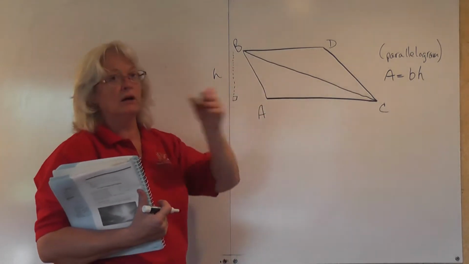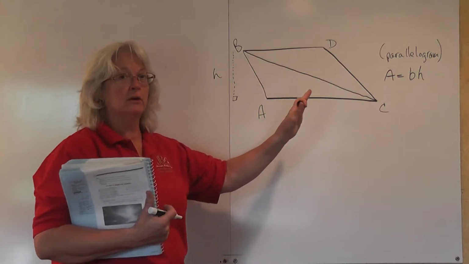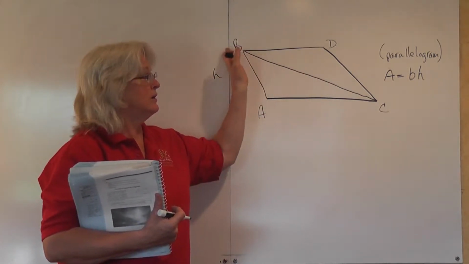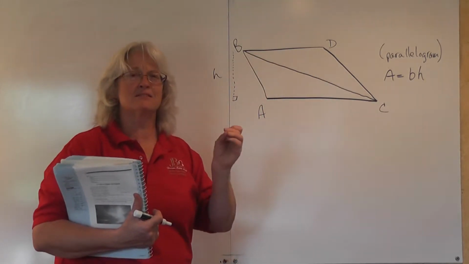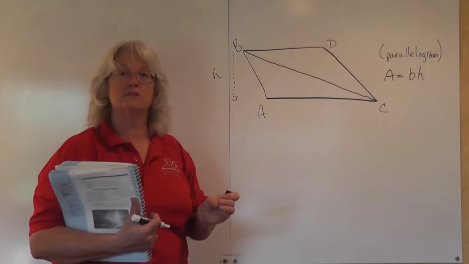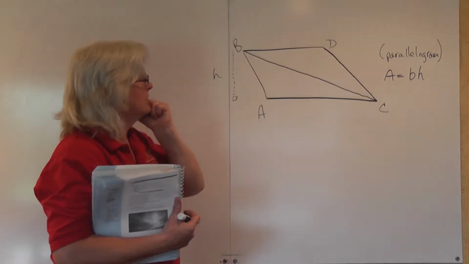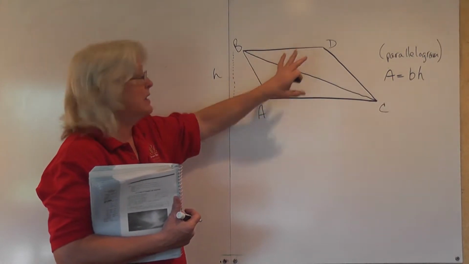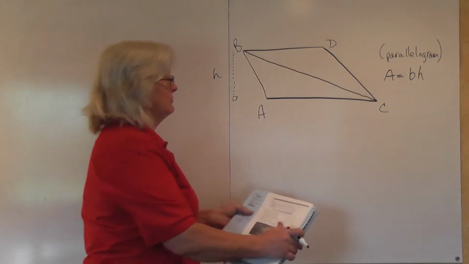Now, if the area of a parallelogram is the base times the height, and we have 2 triangles here that divide this parallelogram in half, what does that suggest to us that the area of this triangle might be? Well, would it not be perhaps half the area of the parallelogram?